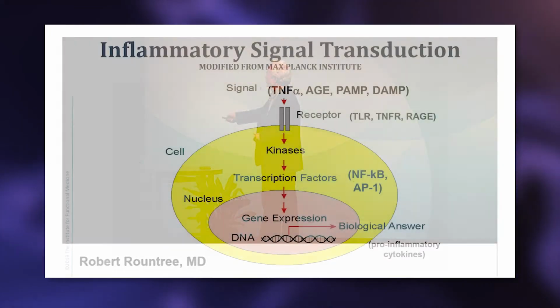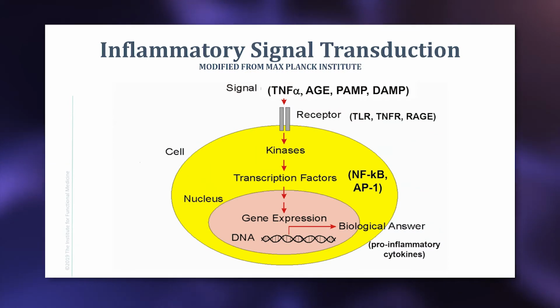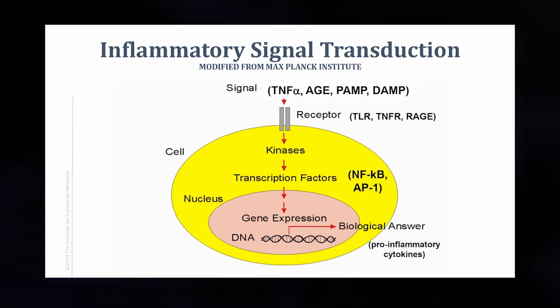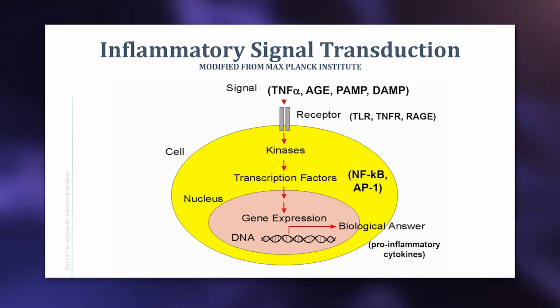And that activation occurs right here. Nuclear factor kappa B. It's activated. The bat car goes through a special tunnel in the nuclear membrane, and lands on its special little bat cave right on the DNA.